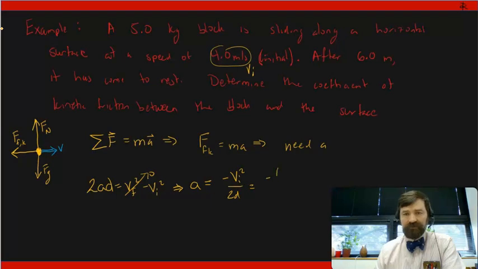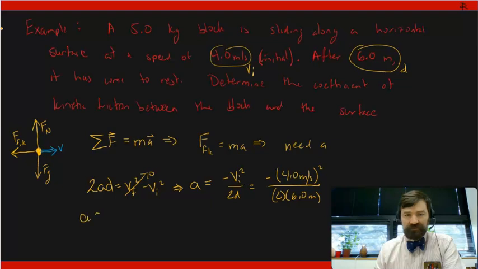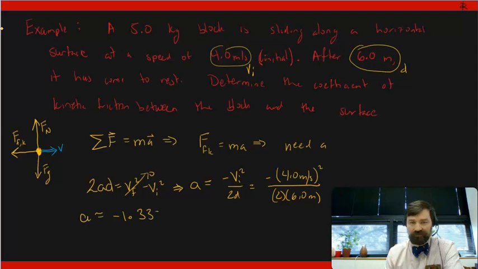So that's negative of 4 meters per second squared divided by 2 times 6 meters is the given distance, so 6.0 meters. That means that my acceleration is basically negative 1.333 repeating meters per second squared.